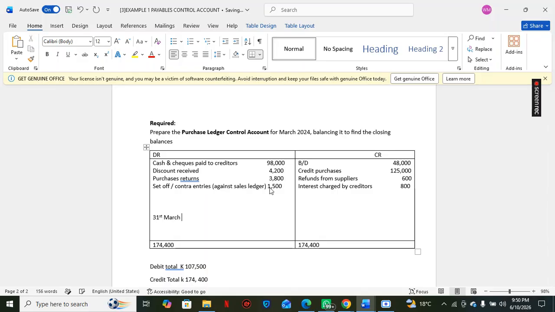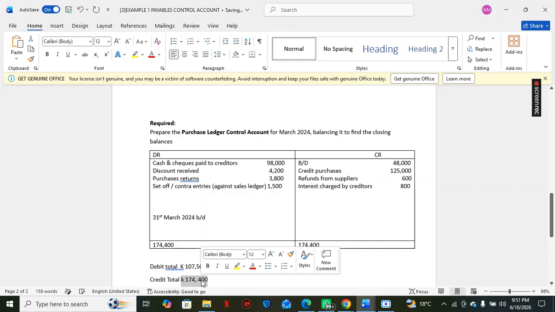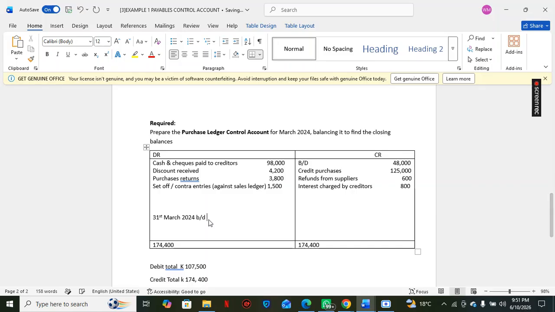March 2024, balance brought down. You're going to subtract these two amounts now here, the debit and the credit. All right.